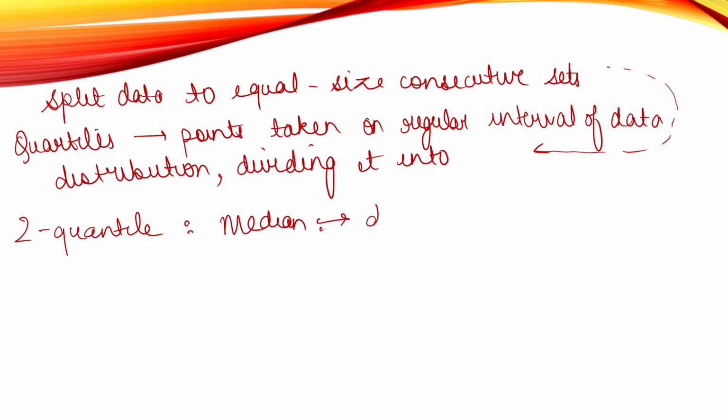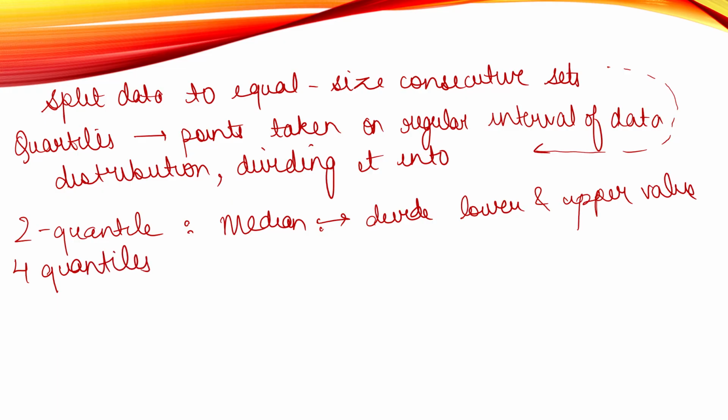Median divides lower and upper values. Now four quantiles are three data points that split the data into four equal parts. Let's suppose this is a line.